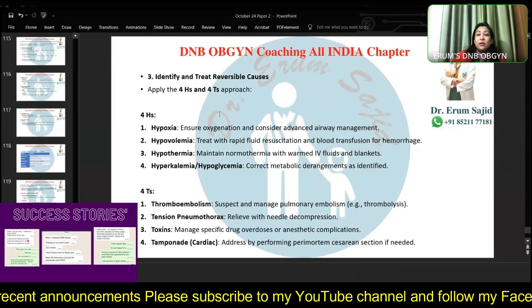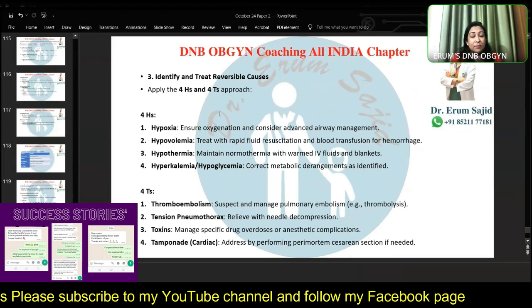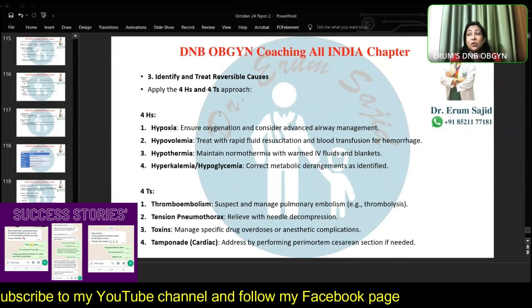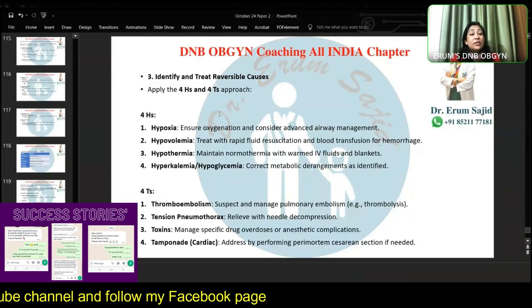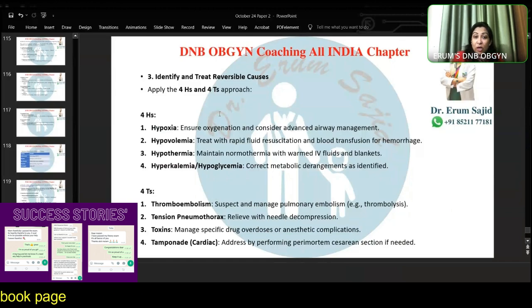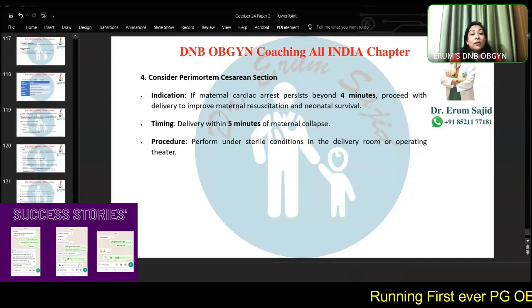Quickly, put one scrub nurse on finding out what the cause is. How is the patient doing? Is she looking hypoxic? What is her oxygen? What is her blood pressure? What is her temperature? What is her level of sugar and potassium? Is there a possibility of a thromboembolic clot? Is there a possibility of tension pneumothorax? Is there sepsis? Is there any cardiac arrest, tamponade?